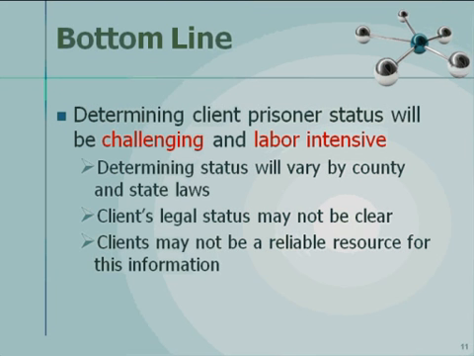It may not be clear to the client. It may not be clear to you as somebody who's trying to get information from the client. They may not be reliable sources for this for a variety of reasons: one, because they could be embarrassed, or two, because they just might not know. If you say, did the court send you here, they may say, well, I was in court and then I had to come here, but that doesn't really answer the question. And they could be completely honest.